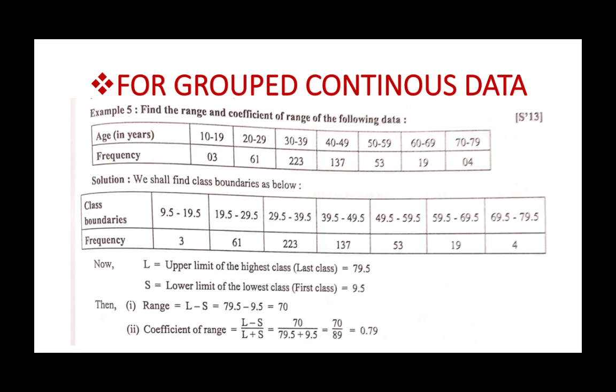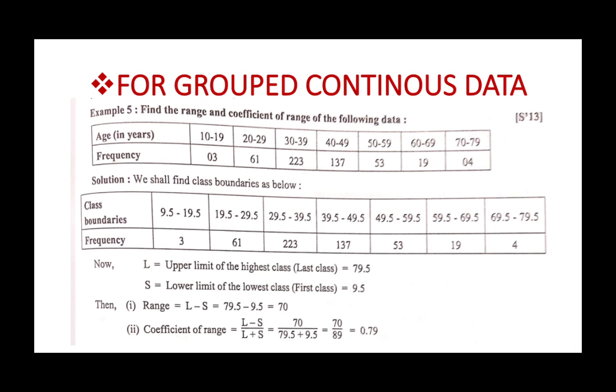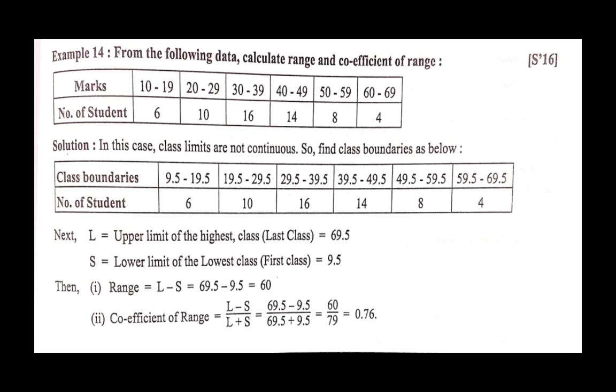What I am trying to say is that the previous example was of age and frequency, and the second one is an example of class intervals, meaning marks and number of students. Now suppose we have the same interval, then we get the same range and same coefficient of range, but that is practically not possible.